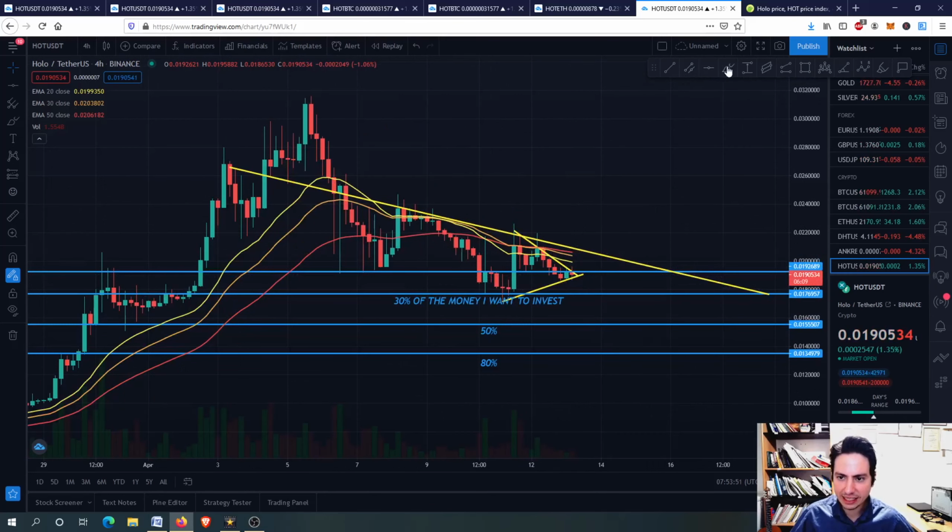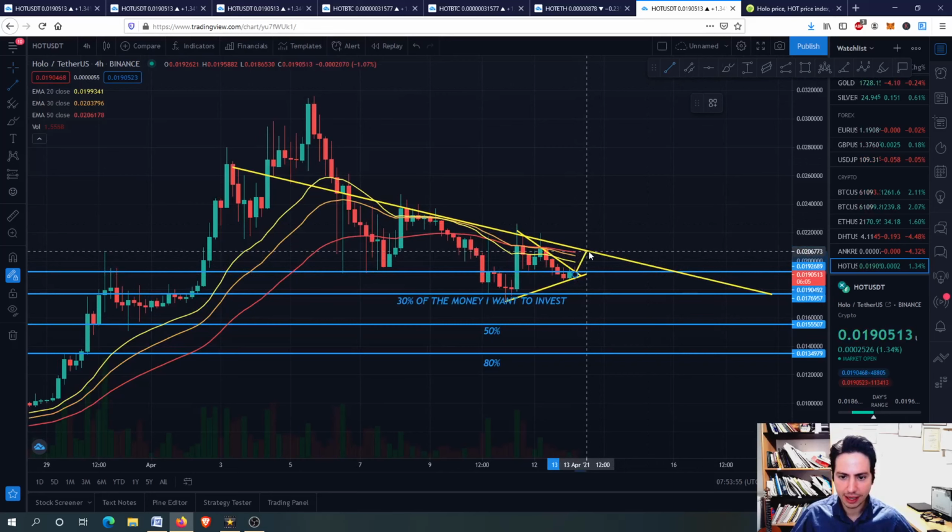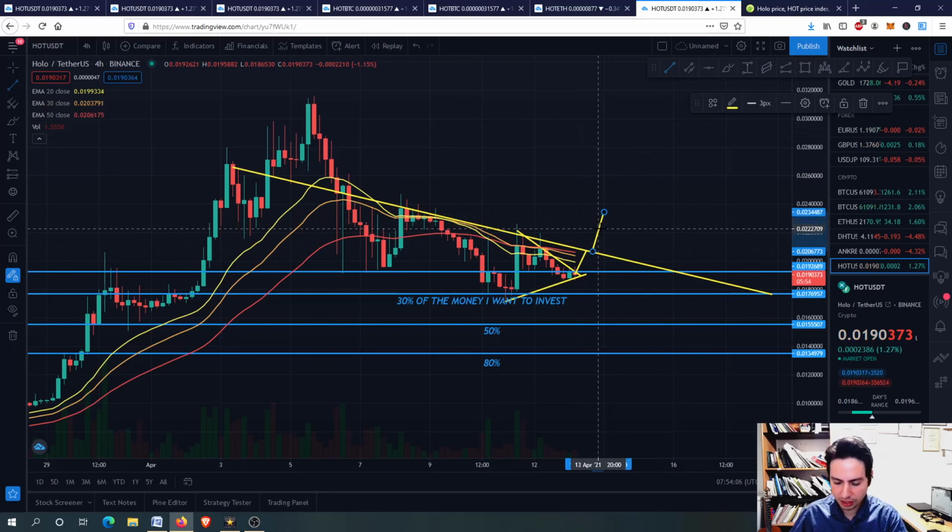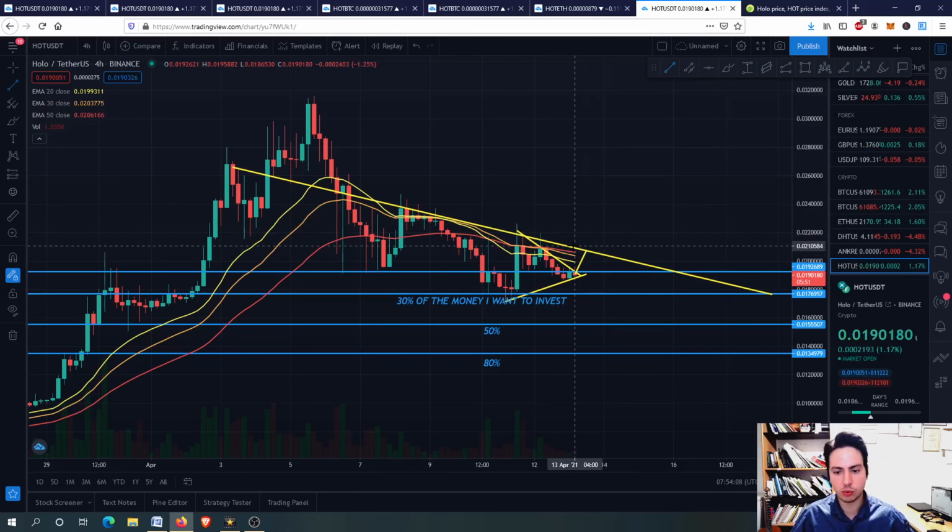We might see the Holo do something like this and hit this line here. If we extend from this line for a lot like this, then we are very, very good. But if that's not the case, which is the most possible scenario, then we will hit this resistance, going back to play around this support level or this support level.